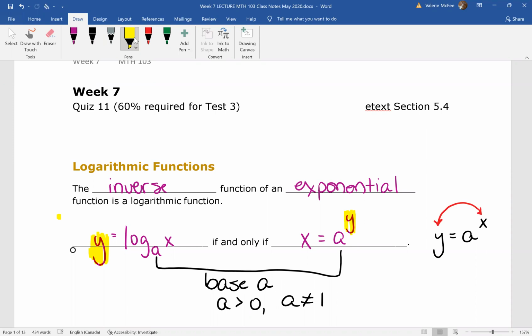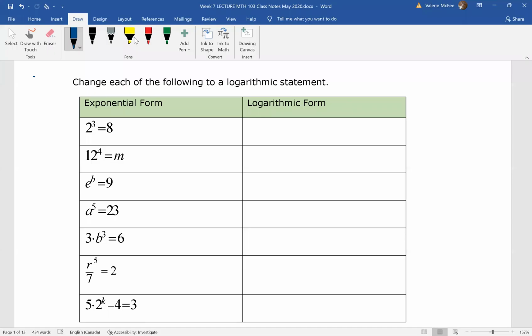One of the things that helps us start to understand logarithms is switching back and forth between exponential functions and log functions. So here we're starting with exponential form. Remember what I said, the bases are the same. Here my base is 2, so we can write log base 2.